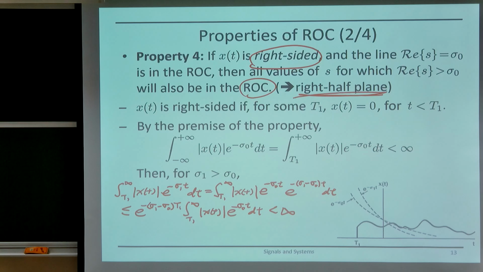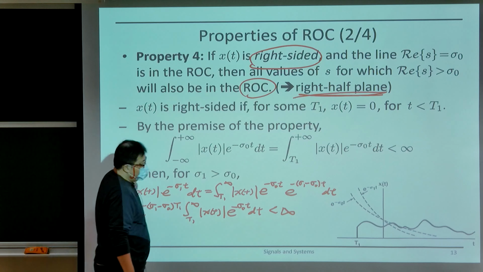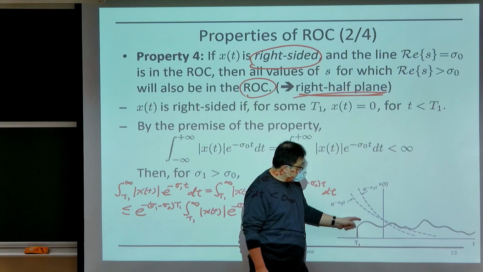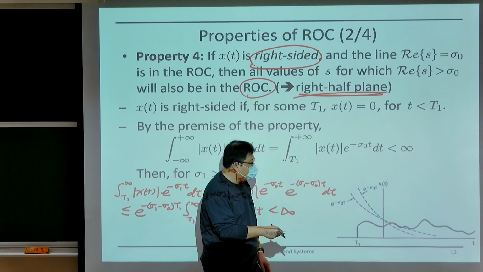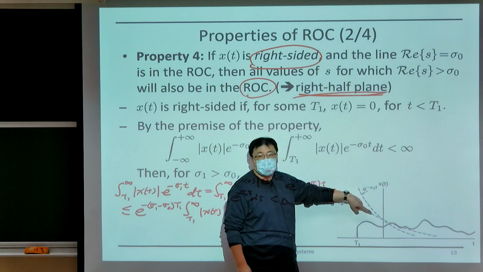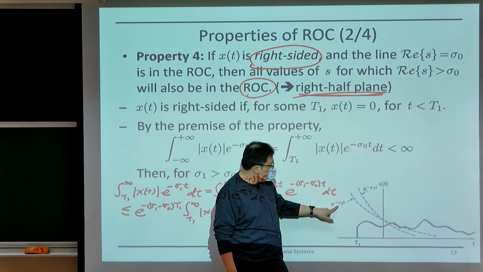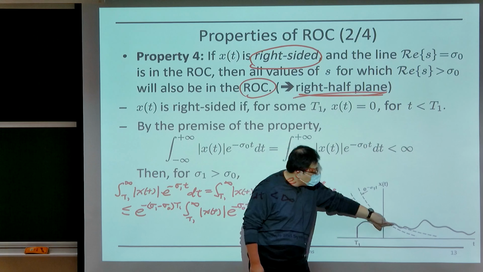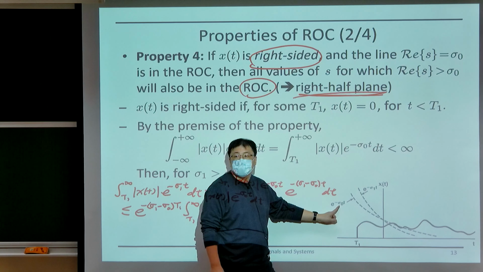All right. So property 4 says that if you have a right-sided signal, a signal like this, right, that extends only to the right, then the region of convergence must be the right half plane. And this is because if you have this right-sided signal, and you say that the signal multiplied by this decaying exponential with exponent sigma 0, right?